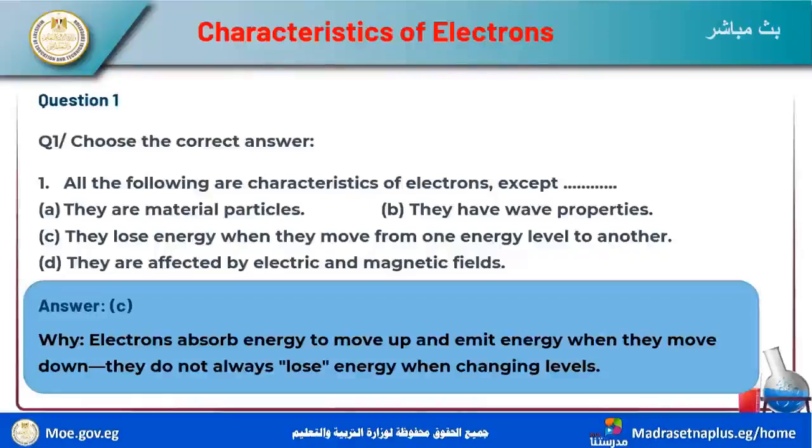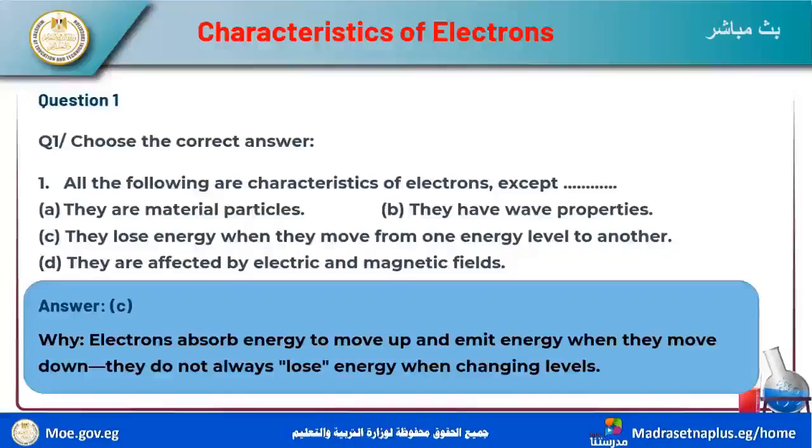They are affected by electric and magnetic fields. Which is correct here? We have electrons, choice C: they lose energy when they move from one energy level to another.